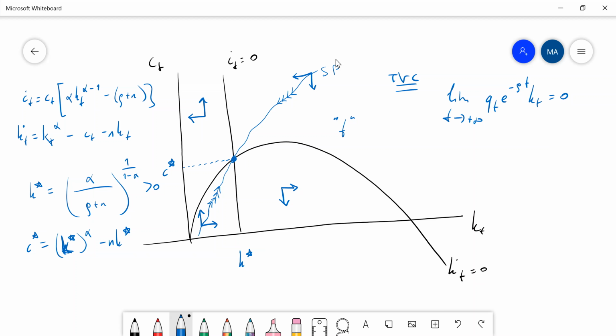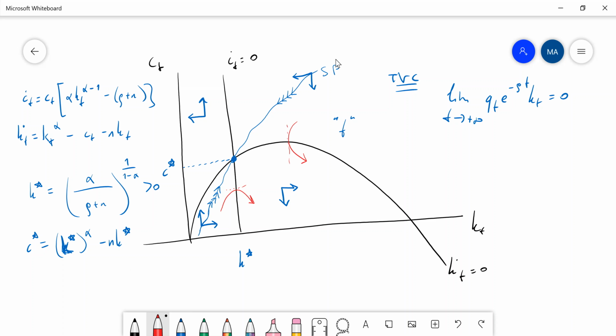The movement of the system out of the saddle path is something like this. In this region, you always go like this. Here you always go like this.